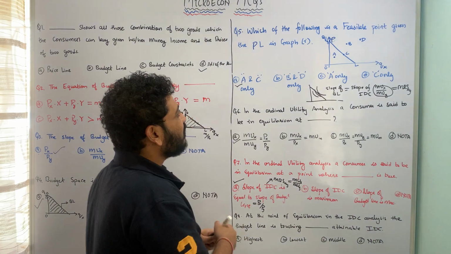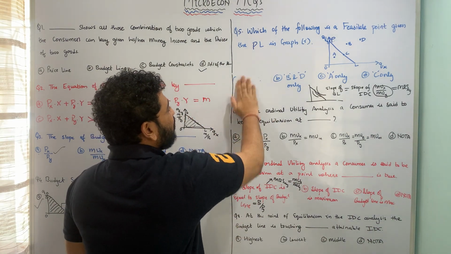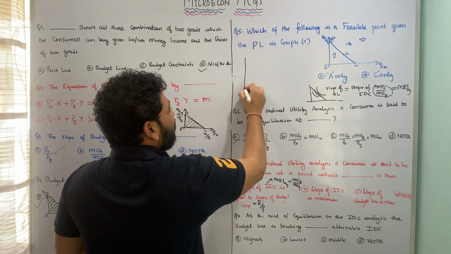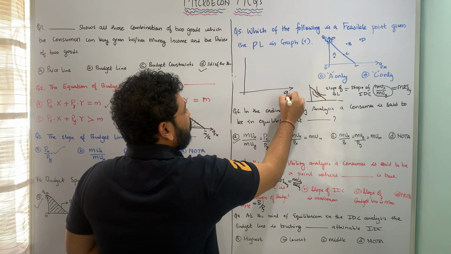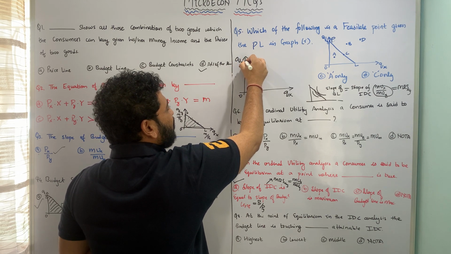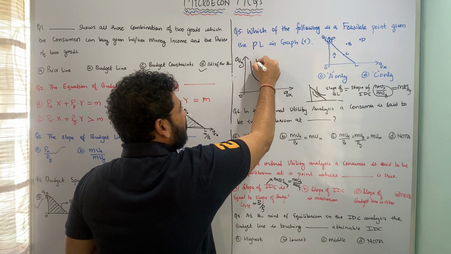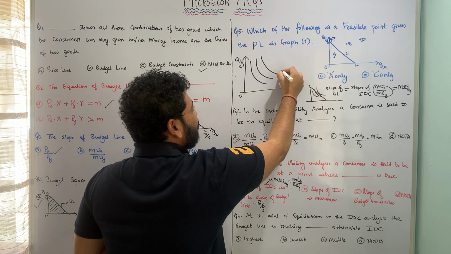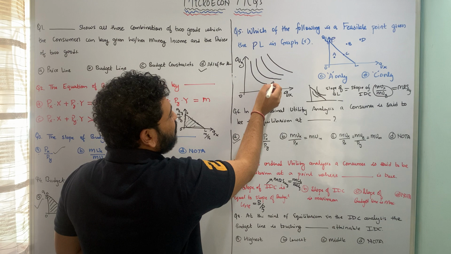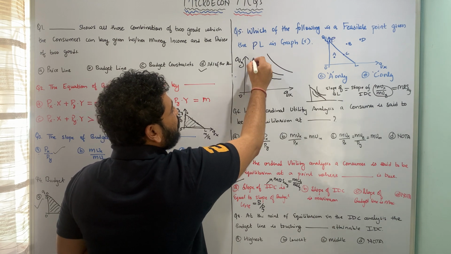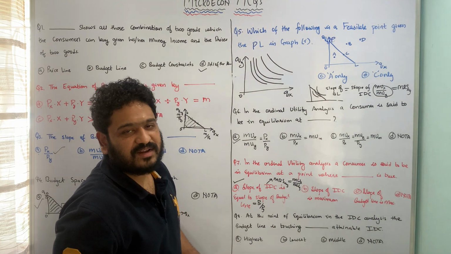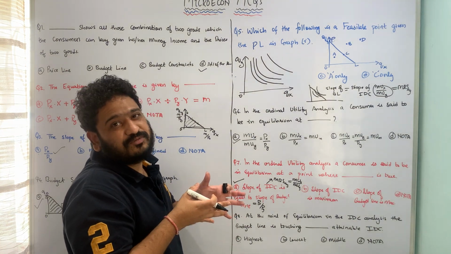So here, when we look at the analysis of consumer's equilibrium, this axis is talking about quantity of x, this is talking about quantity of y. These are the different indifference curves. Here my budget line is going to capture the highest attainable indifference curve given my budget and prices of two goods.